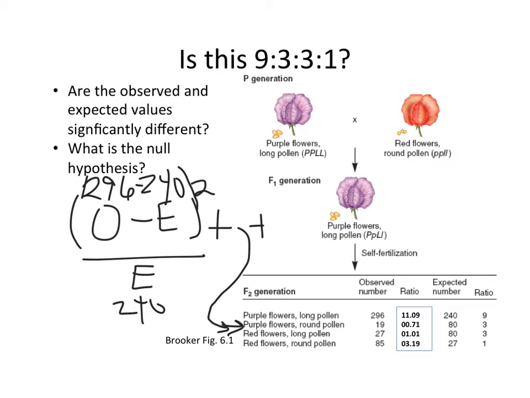Then we add observed minus expected squared over expected for the third, and we add that to the calculation for the fourth set of data. So we've got 4 different phenotypes: purple long, purple round, red long, and red round. There are 4 different categories of F2s that we're looking at.